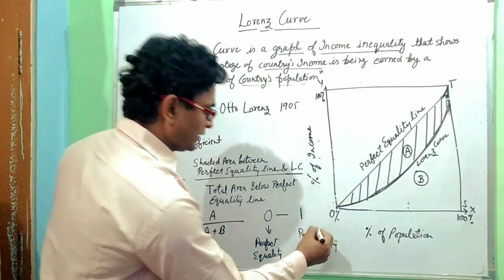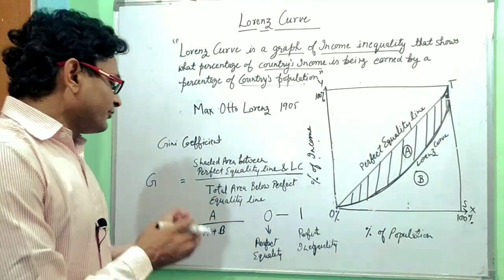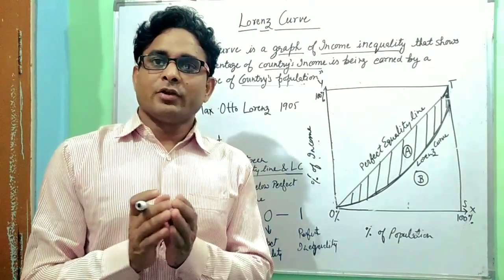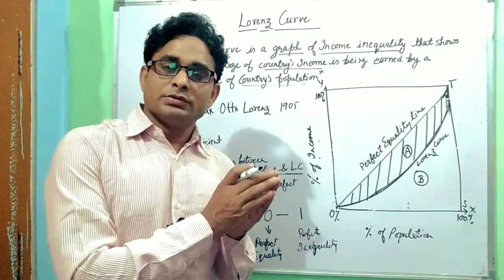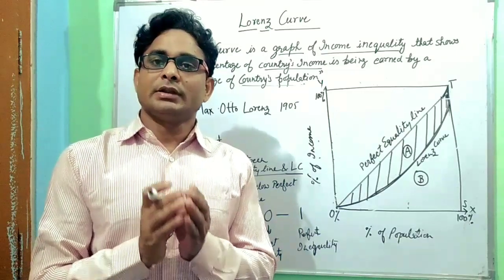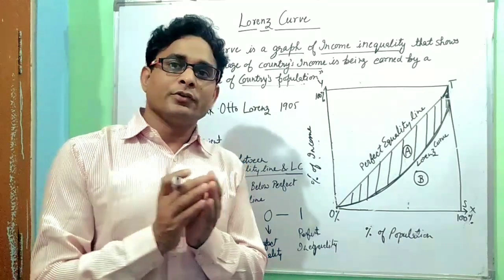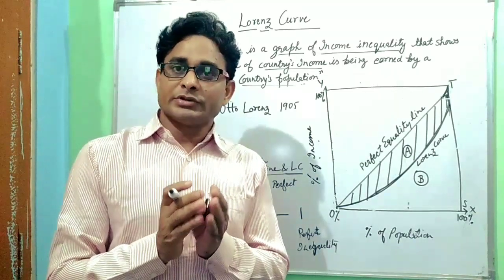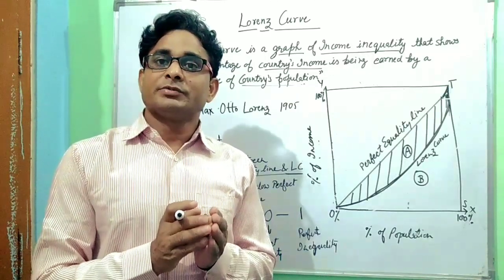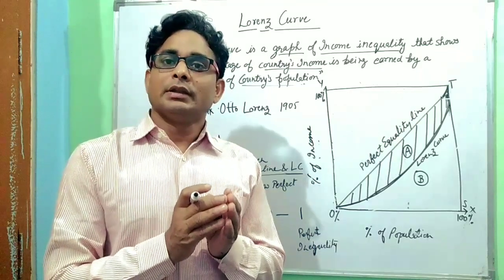If the value of Gini coefficient is closer to 0, it means there is more even distribution of income in the country. And if the value is closer to 1, that means there is more uneven distribution of income and more inequality in the country.